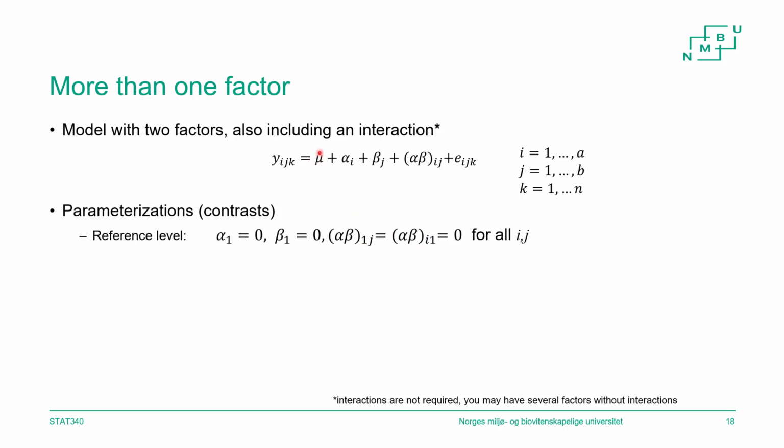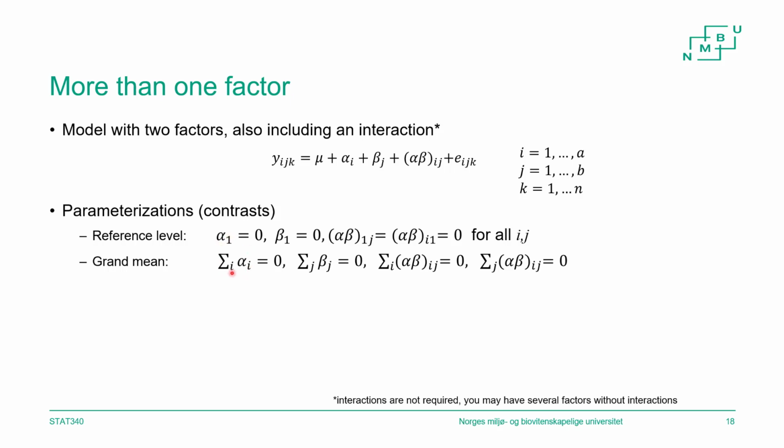So it means that the response you estimate with this one is the case where you are in the first level of alpha, first level of beta, and in either one of these levels of the interaction. Okay, the grand mean, exactly parallel to what we saw before.